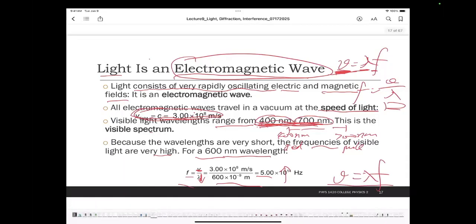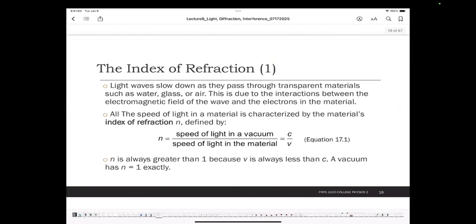Okay, let's continue. Let's talk about the other term, the index of refraction. What is the index of refraction? Light waves slow down as they pass through transparent materials such as water, glass, or air. In a vacuum, the speed is v vacuum equals c, equals 3 times 10 to the 8 meters per second. When light passes from the vacuum to air, or to water, or to glass, the speed goes down.